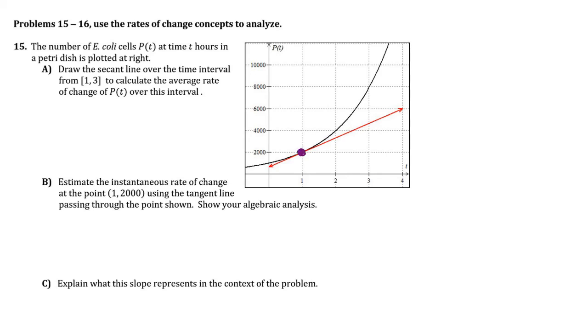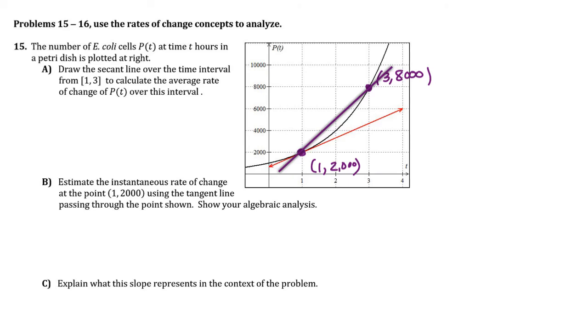And so I know that's going to be the ordered pair (1, 2000). And then up here at 3, that's going to be (3, 8000). Okay, and so now we need to draw a secant line. So let's try to connect those the best we can. Okay, so there we have our secant line.